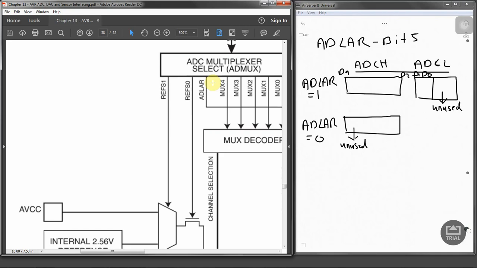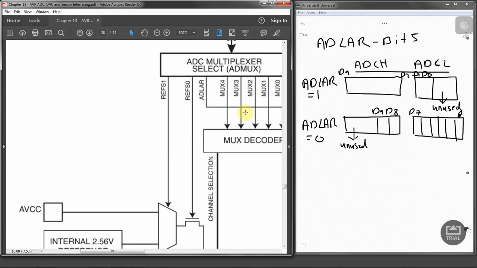In that case we have got D9 and D8 over here, and the rest of the bits on the other side, so D7 to D0 will be over here. So the ADLAR bit is actually telling us if the data is going to be left or right justified.